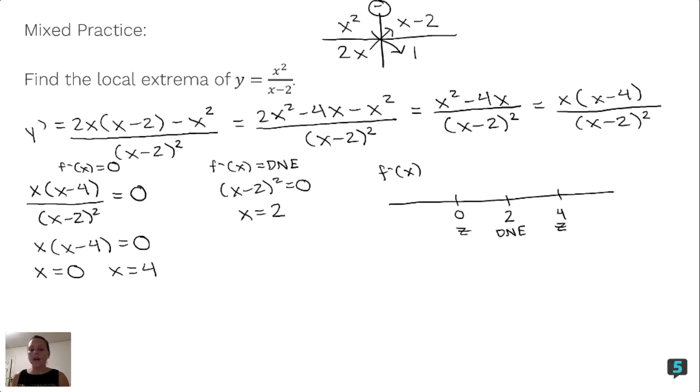Take a minute on your own and see what happens. What signs do you come up with for f prime of x if you plug a number in the first interval from negative infinity to 0, a number in that second interval from 0 to 2, a number in that third interval from 2 to 4, and then a number into that last interval from 4 to infinity? So on your own paper, take a couple of minutes to see if you can come up with the signs for each of those intervals.